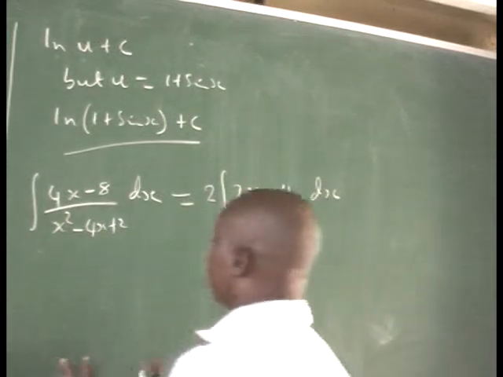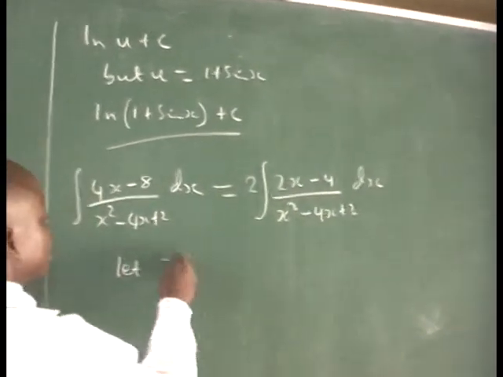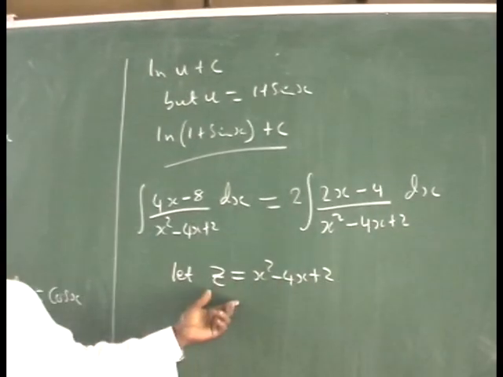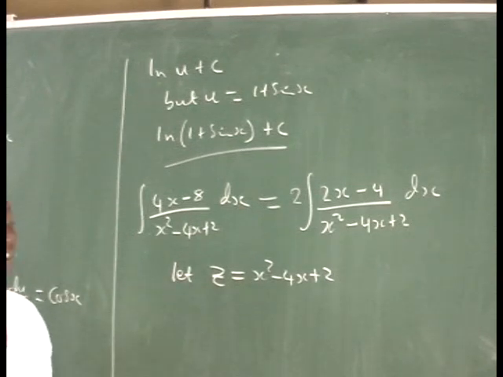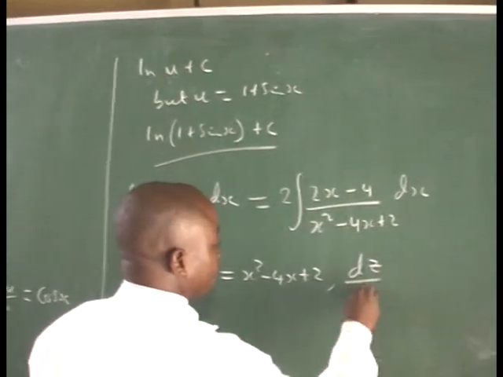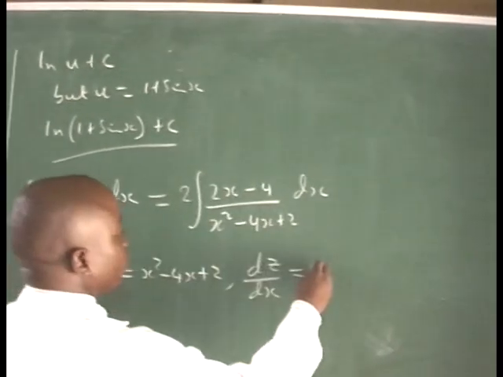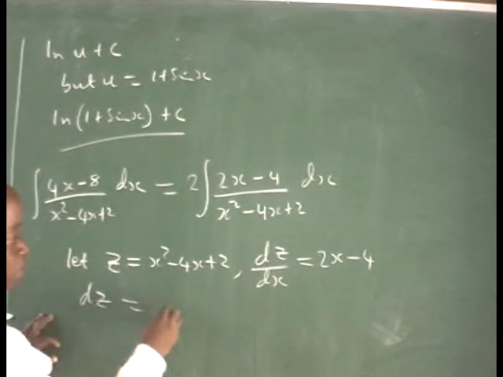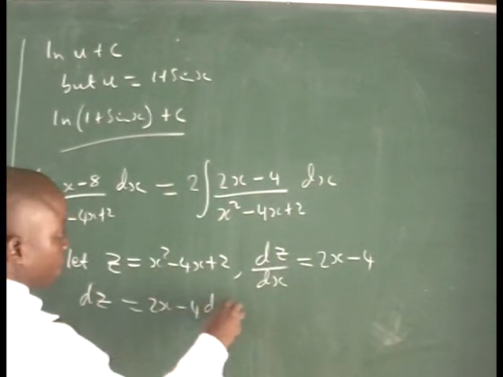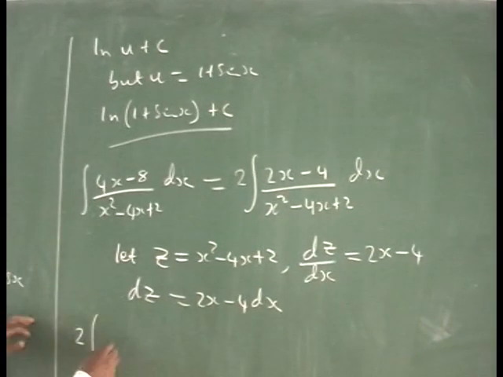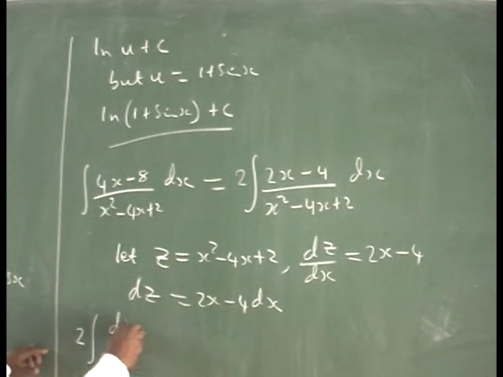So I'll now let z be equal to x squared minus 4x plus 2. You see, I'm using z here. I can use u, I can use z, I can use whatever I want. So dz over dx is equal to 2x minus 4, so that dz will be equal to 2x minus 4 dx. Now this function becomes integral 2 dz all over z.